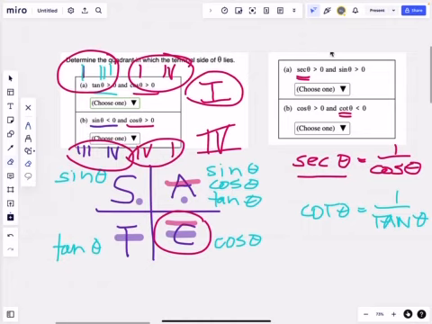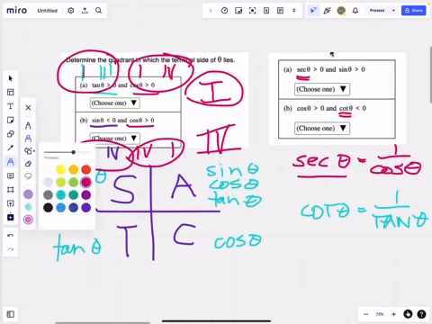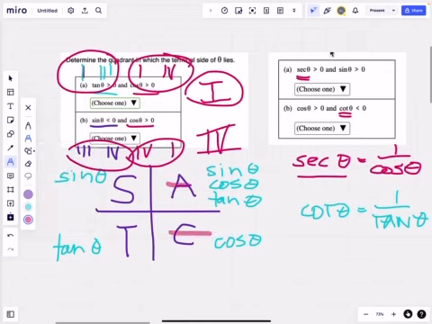So let's get rid of some of these markings. All right, so let's look at secant of theta being positive. Secant of theta is going to be positive in the same quadrants that cosine is positive, and that will be quadrants 1 and 4.